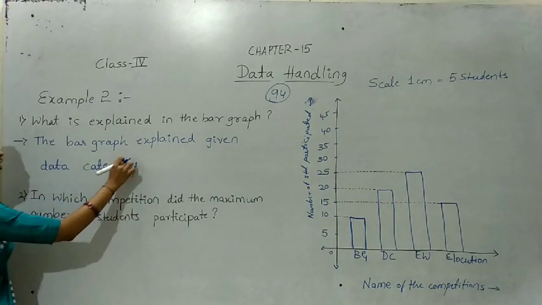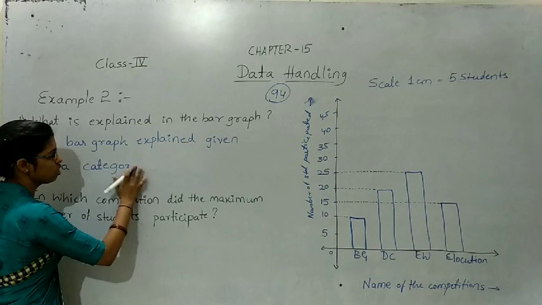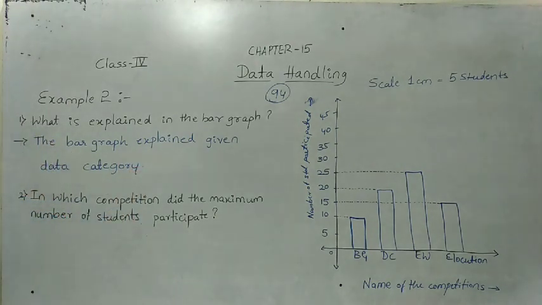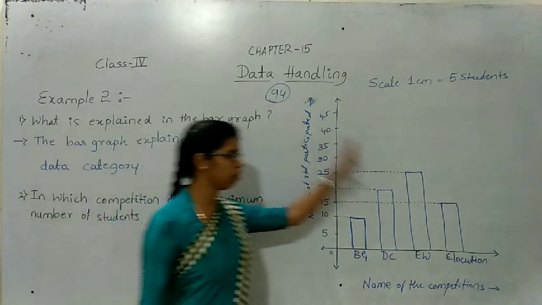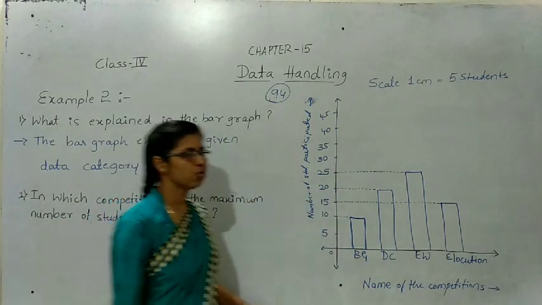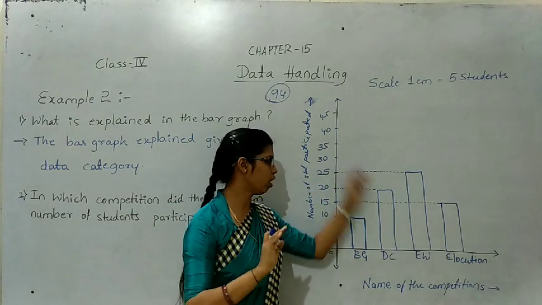The bar graph explains the given data category. So this is what the bar graph explains. Whatever they gave in the table is explained in this graph. So instead of watching the table, it is better to see this bar graph.